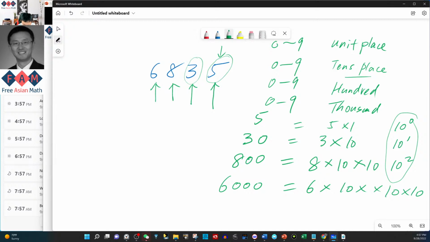So let's just say if you count 1, 2, 3, 4, up to 9, when you reach 9 in the unit place, the next one would be 10. Now, we don't need an actual symbol for 10. We simply carry that 10 to the higher place value. Now, because this place value is already 10, for our unit place 10 to be represented in this higher place value digit, we bring it down to 1.